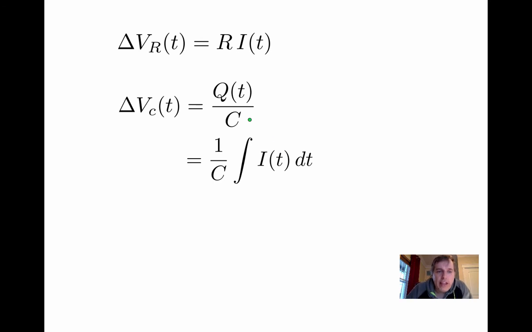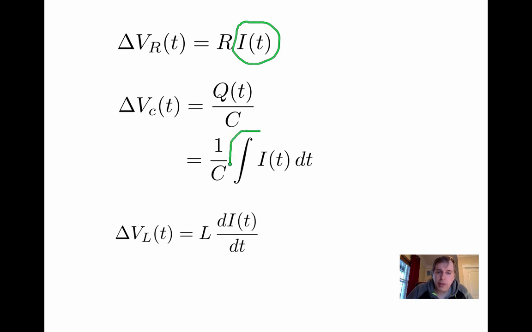So you see that the voltage across the resistor is proportional to the current. The voltage across the capacitor is proportional to the integral of the current, and the voltage across an inductor is proportional to the derivative of the current. So we have the current, we have the integral of the current for the capacitor, and we have the derivative of the current for the inductor. So you see clearly the analogy between the different elements.